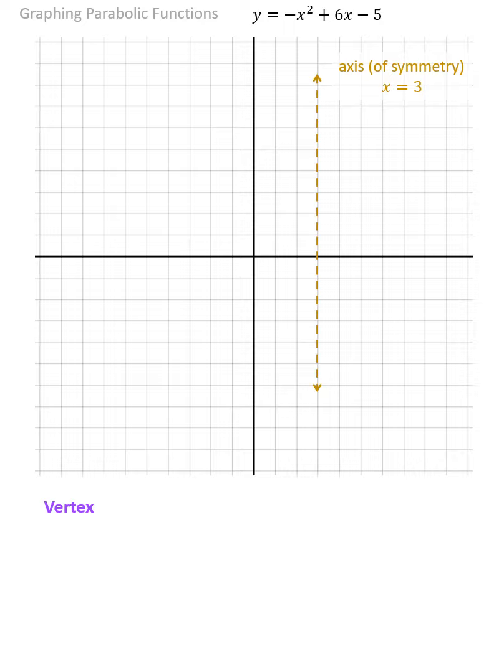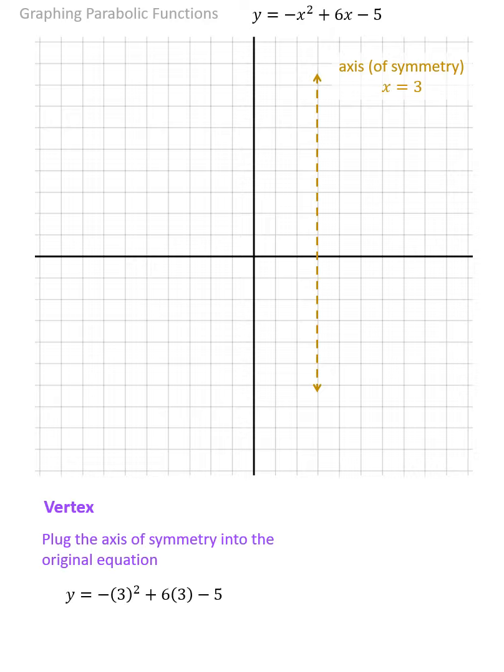To find the vertex, I'm going to plug 3, that's my axis of symmetry, back into the original formula at the top of the screen. Here's me plugging 3, the axis of symmetry, into the original equation. Doing the algebra, I get 4 as my y coordinate.